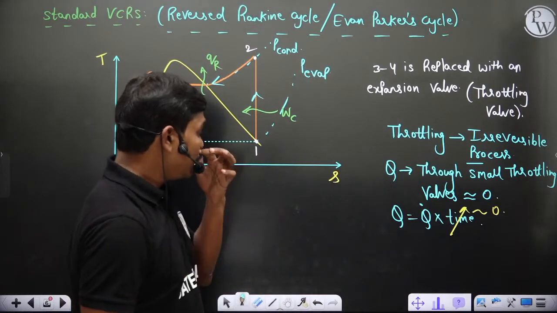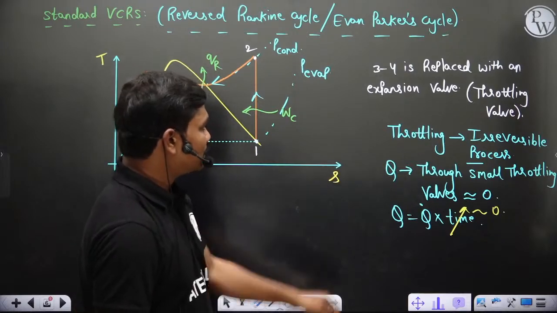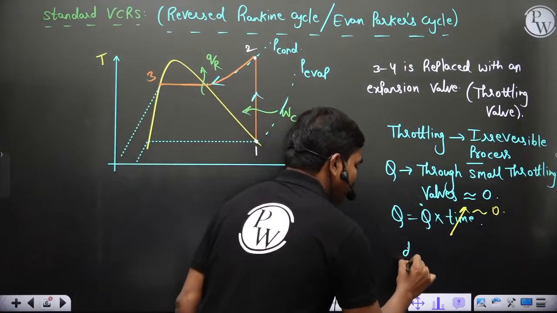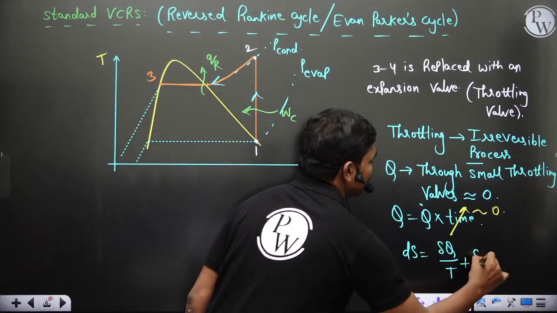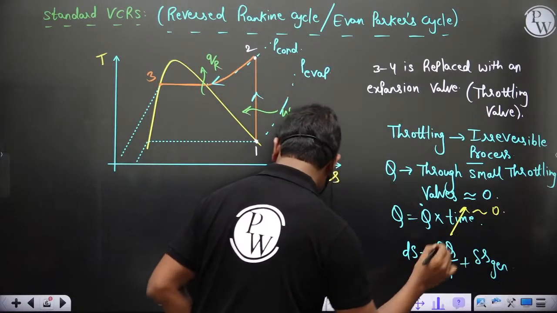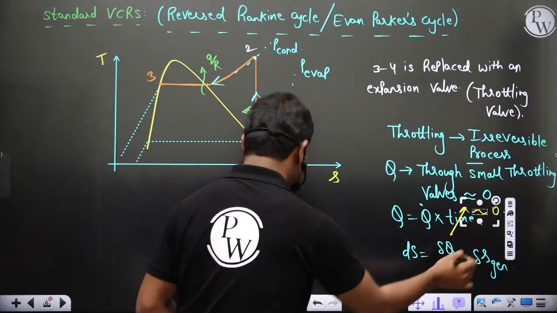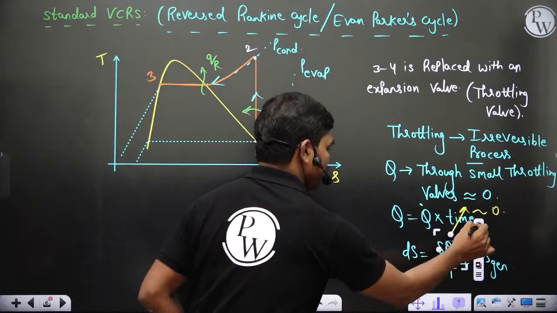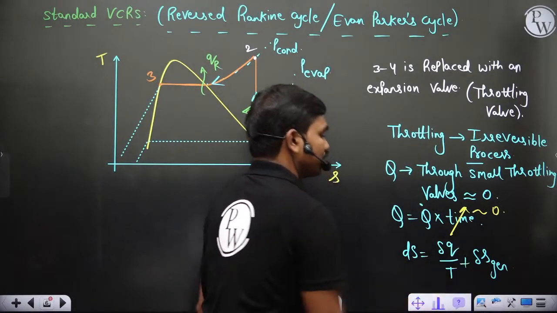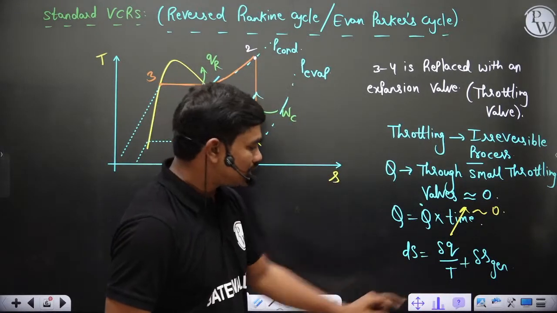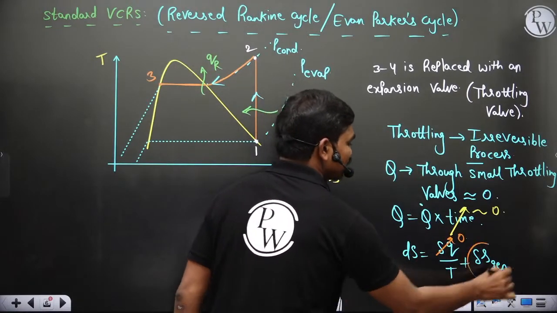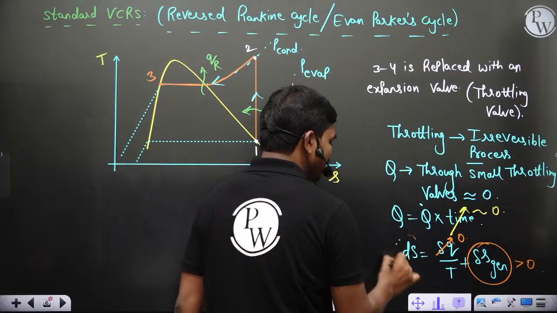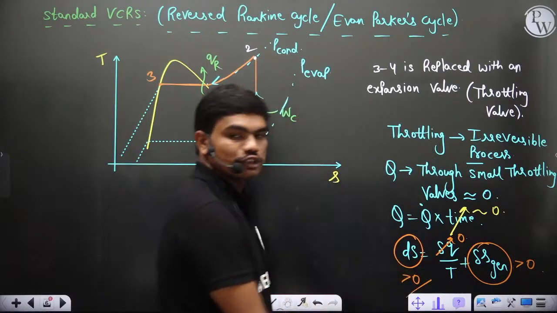Now let's see. For throttling, ds is equal to del Q by T plus delta S generation. This should be small q if we are writing intensive quantities. In the case of throttling, this heat term is 0 and the generation quantity is always positive, so ds should always be positive in throttling.